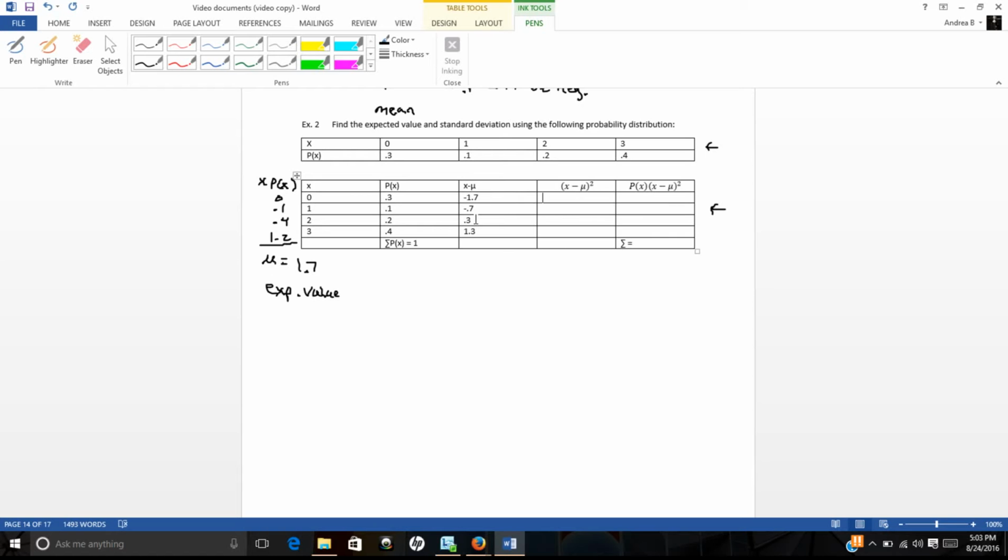So the negative 1.7 times negative 1.7 is the same thing as squaring that. All the values in this next column should be positive if you're doing them correctly. I'm going to type in what you should get here. You want to double check and make sure you get the same values.